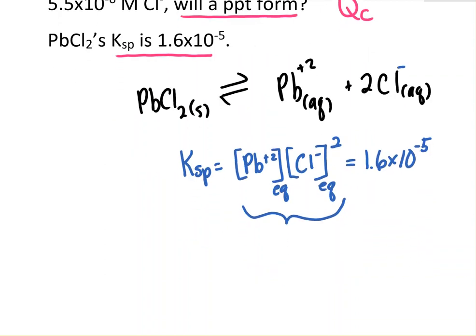So all of that is another way of saying that we're going to use Qc, which we call the ion product, and it is the same thing I was pretty much just saying.